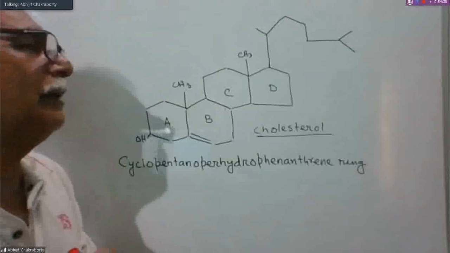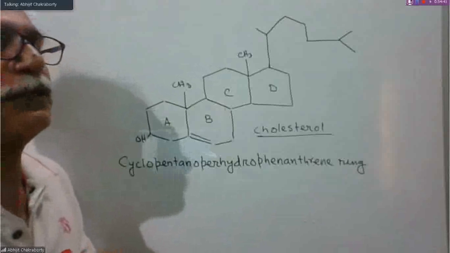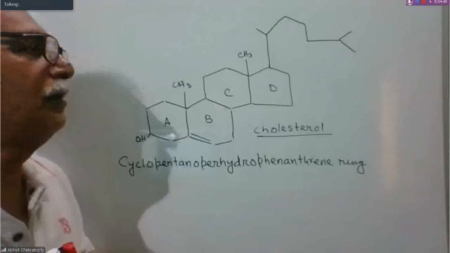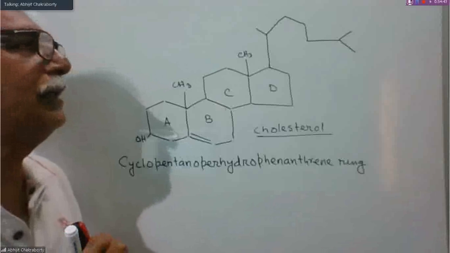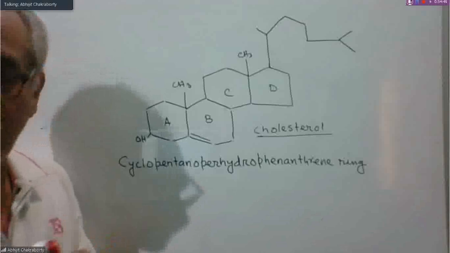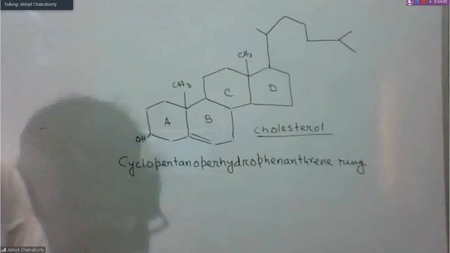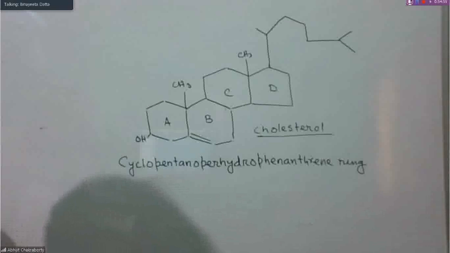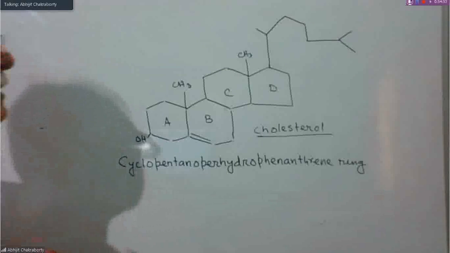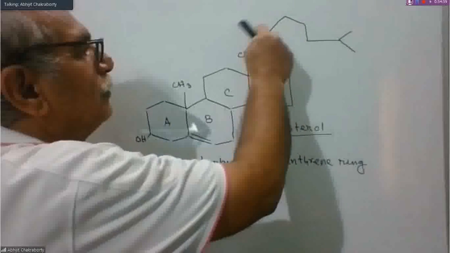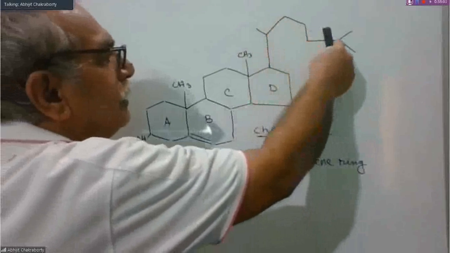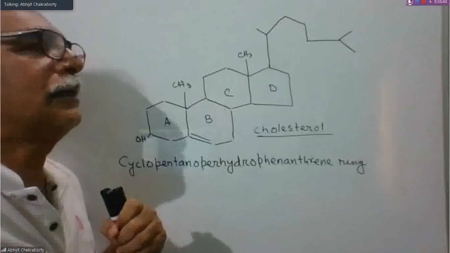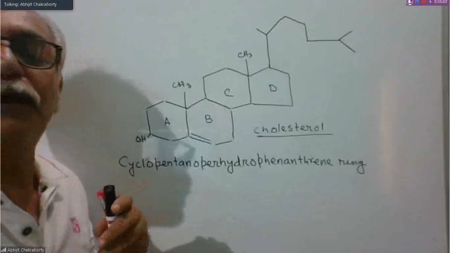When an 8-carbon aliphatic chain is added to the steroid nucleus, the structure is called cholesterol. The aliphatic chain has 1, 2, 3, 4, 5, 6, 7, 8 carbons.